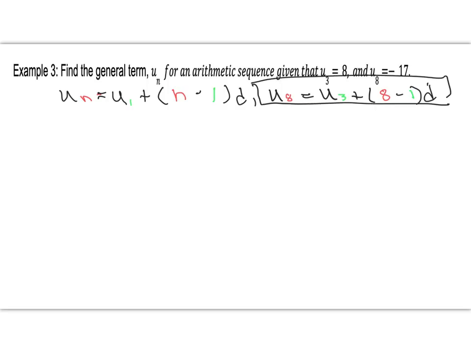And I'm going to find D actually first. I do have U8. U8 is negative 17. U3 is 8.